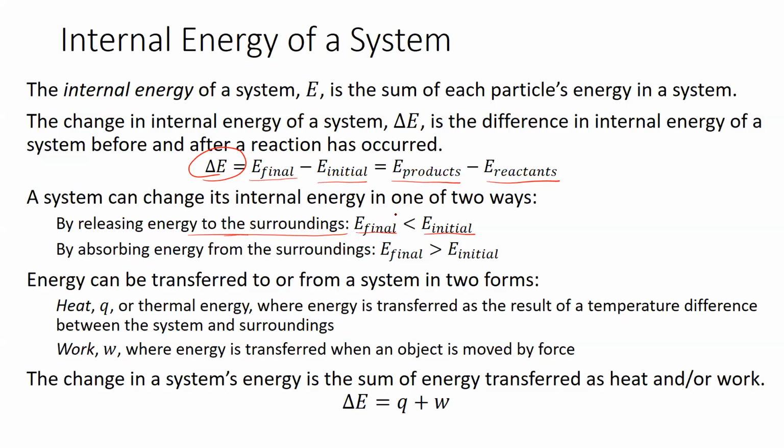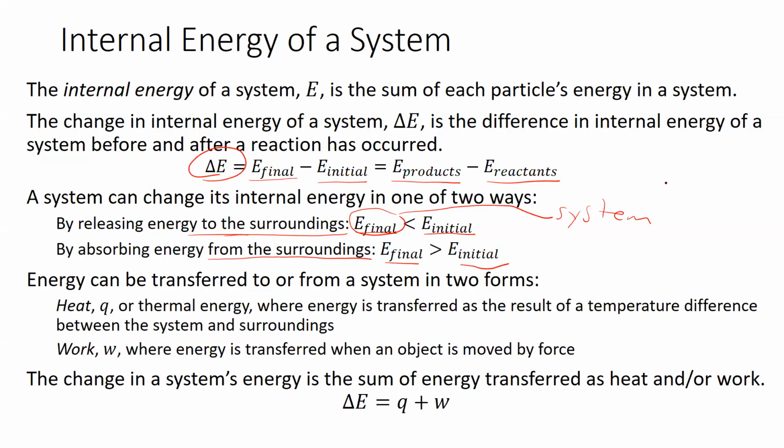Remember, when we're looking at the energy, we're looking at the energy of the system, right? Now, the other way that the internal energy of a system can be changed is when that system gets energy from the surroundings. In that case, the final energy is going to be higher than the initial energy.